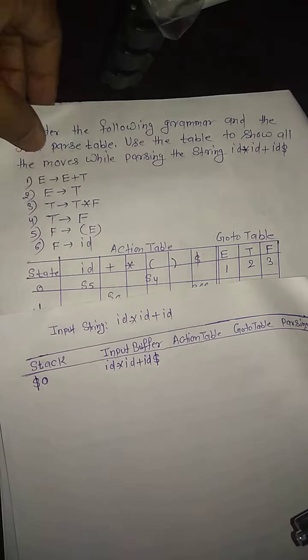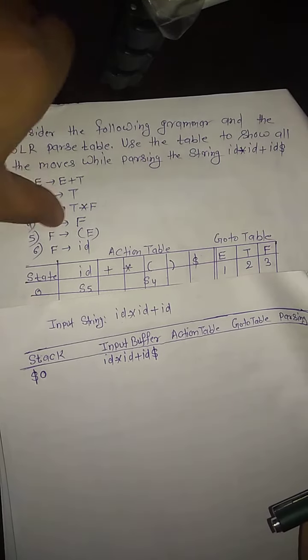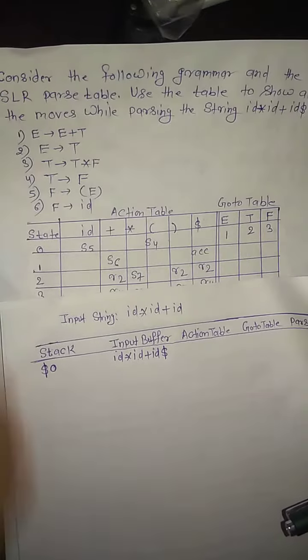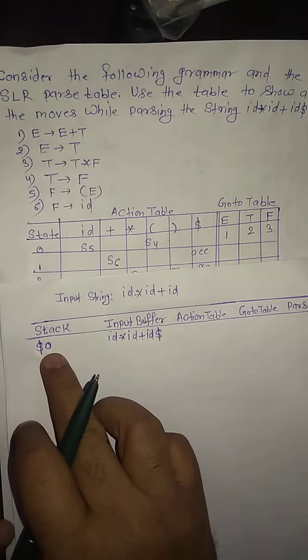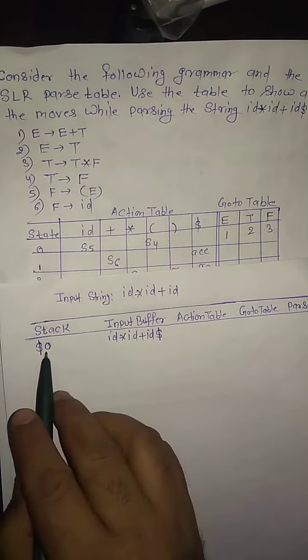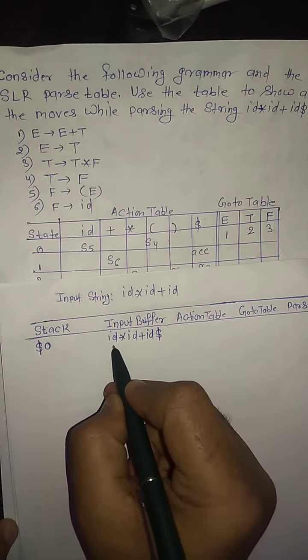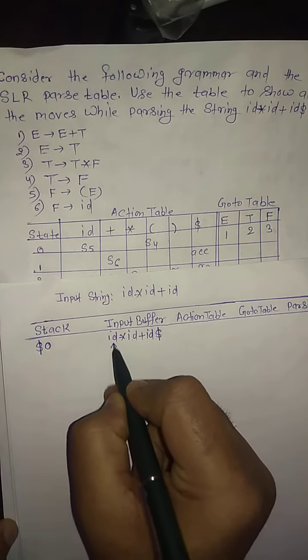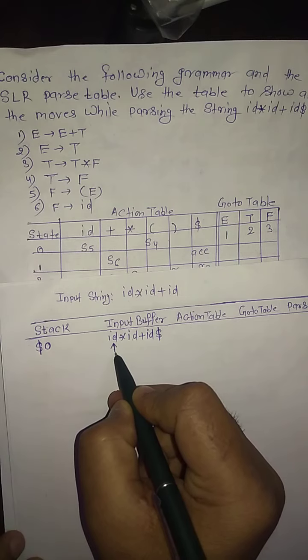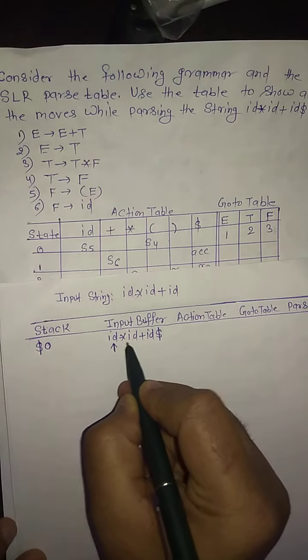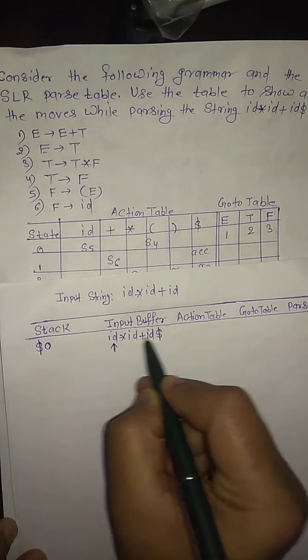So now the procedure is, you have to check the top of the stack. Here the top of the stack is 0, and this is the input pointer, which initially points to the first symbol of the string.